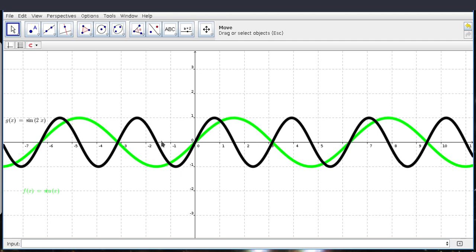So, whatever happened with the original green graph between this point and this point, the modified graph, sine of 2x, it doubles. It happens 2 times. So, what you have done, therefore, is double the frequency. Alright? It goes through 2 cycles when the original graph went through 1 cycle. So you double the frequency.